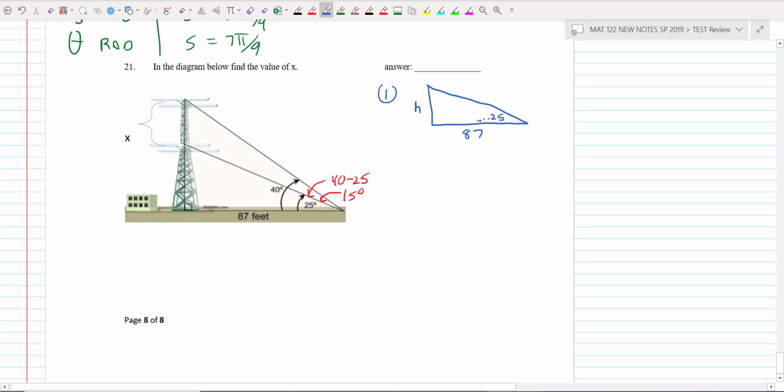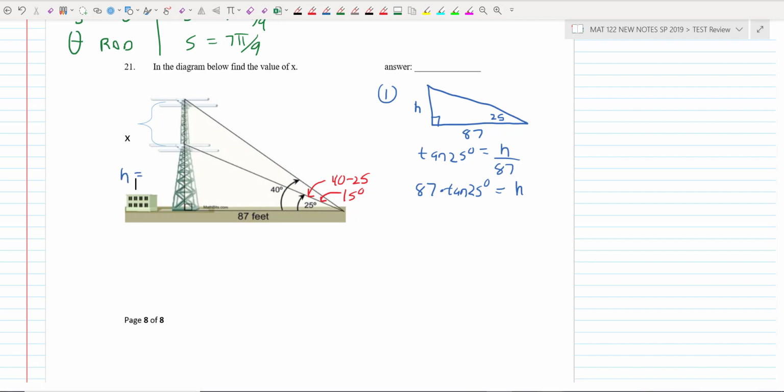The tangent would be opposite over adjacent. So if we do the tangent of 25 degrees, we would have opposite h over 87. Therefore h would just be 87 times the tangent of 25.